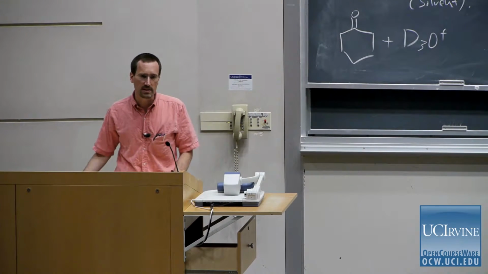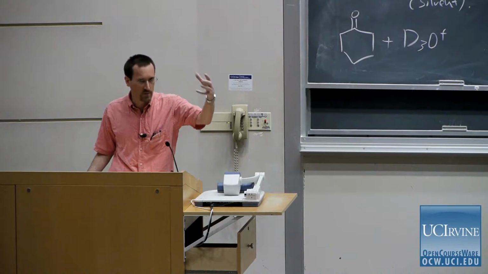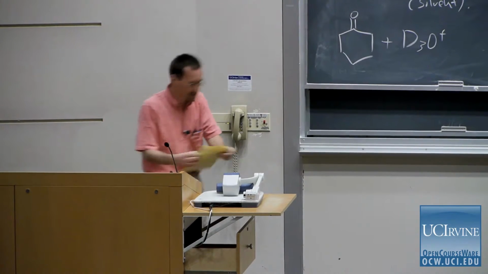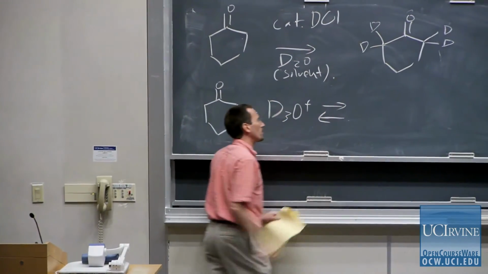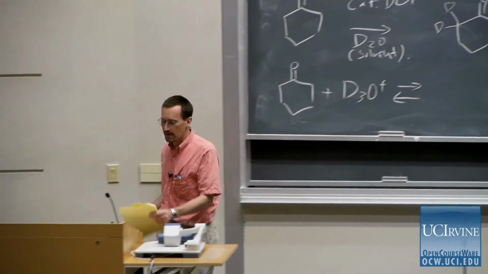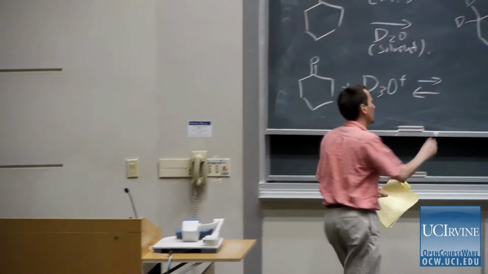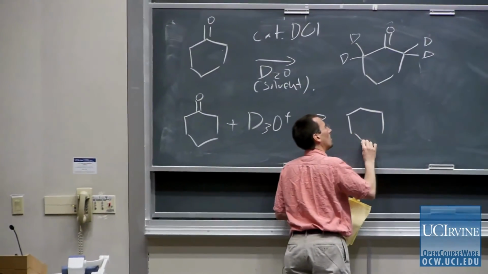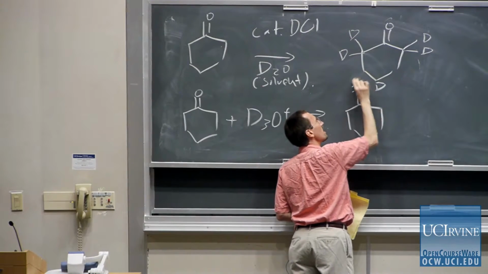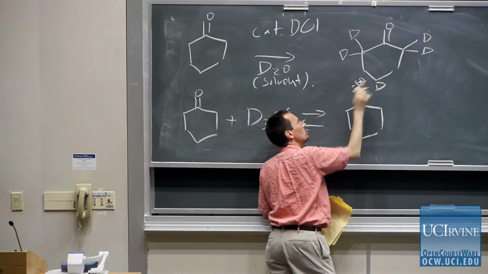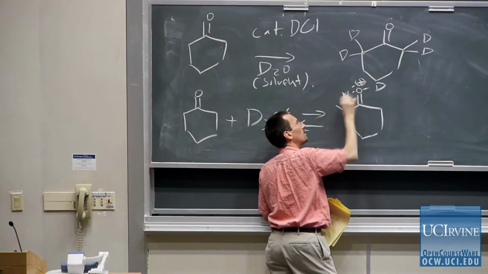Remember, when you pour HCl into water, you have H3O plus and Cl minus. The D3O plus is just like H3O plus in its reactivity. You can put a deuterium onto the carbonyl to give a protonated, or in this case, deuterated cation.